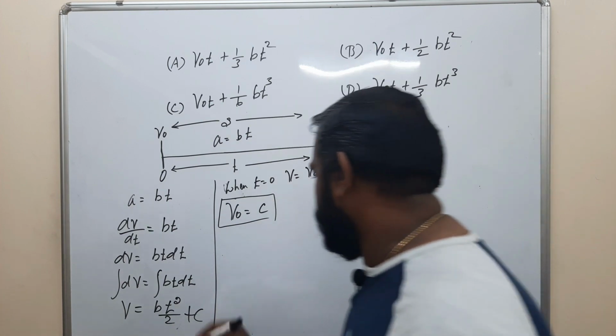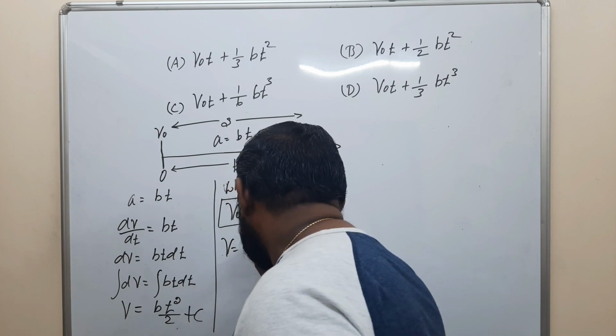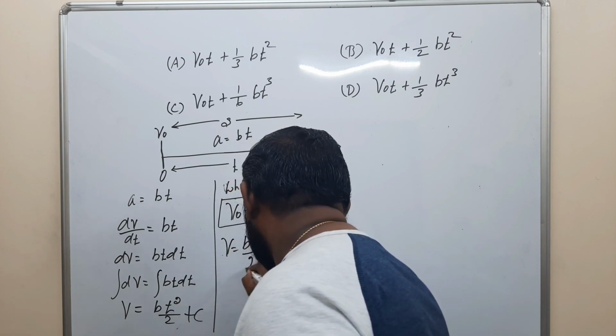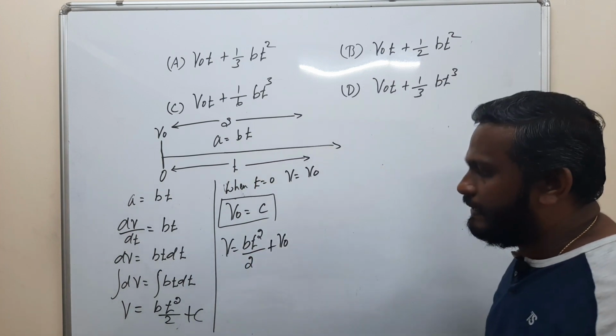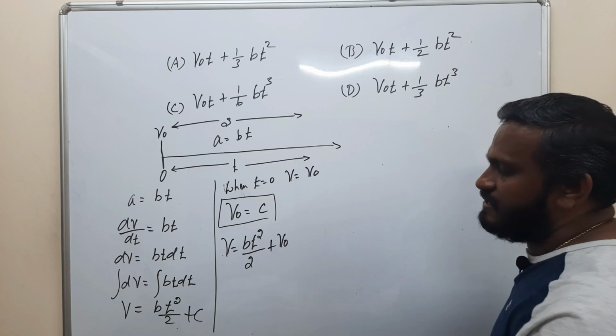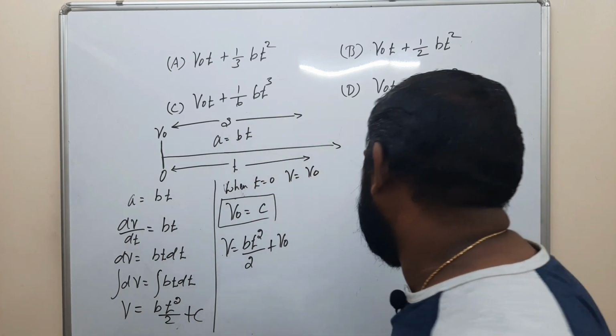Okay, so substitute the value, that is v is equal to bt square divided by 2 plus constant of integration, that is v0. So this is the velocity, but we have to find the distance traveled by the object.